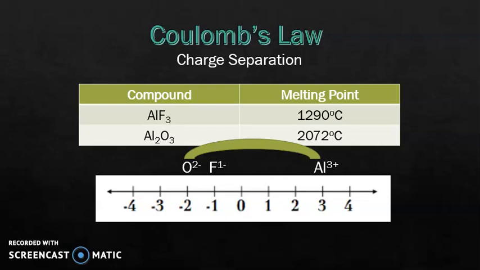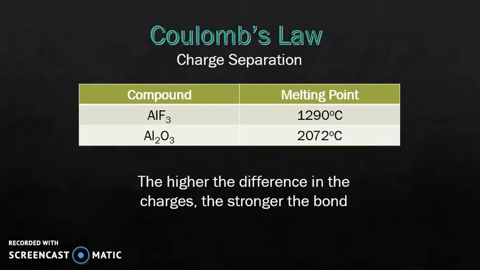Yes, aluminum and oxygen are the furthest distance apart on this number line. That means they have the largest charge separation, or the largest difference between their two charges. And if you cross-reference that against our table of data, the aluminum oxide has the highest melting point here. So the higher the difference in the charges, the stronger the bond is going to be.